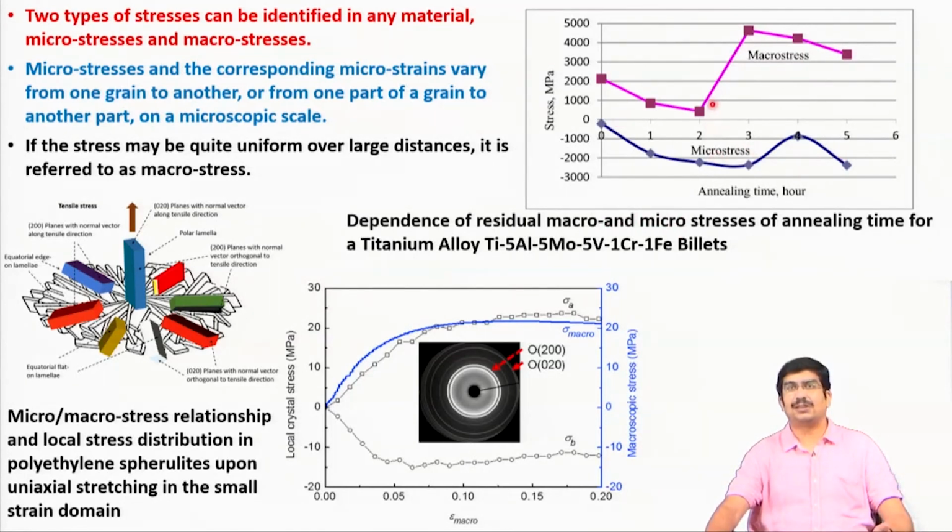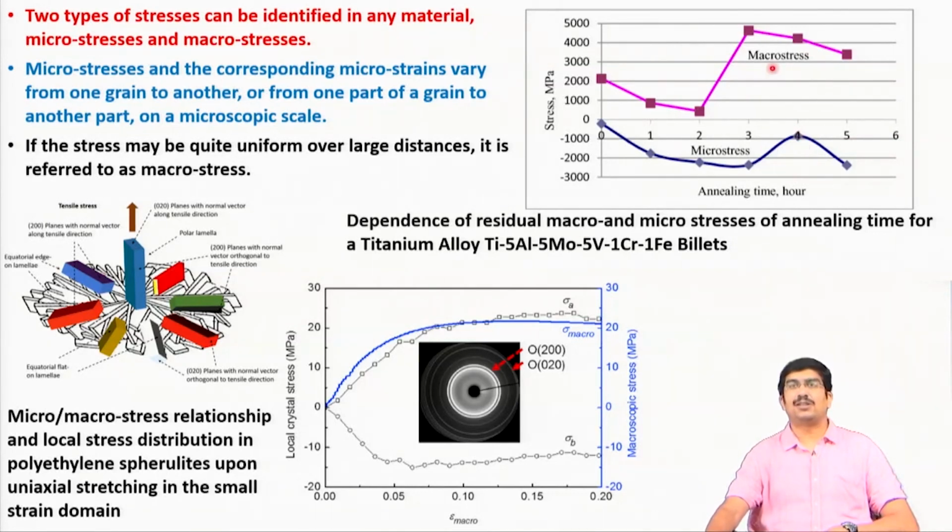So, when the macro stresses are very high, the micro stress is still very low, and when the macro stresses start dipping, the micro stress is becoming higher.